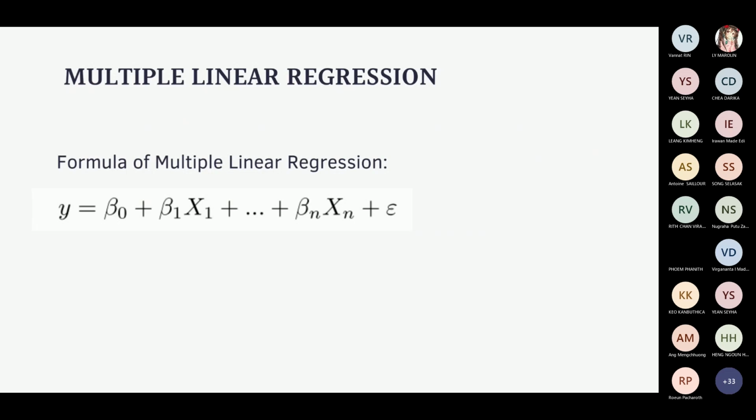The formula is y equals b0 plus b1x1 plus ... plus bnxn plus epsilon, where y is the dependent variable, b0 is the y-intercept, x is the independent variable, bn is the slope coefficient for each variable, and epsilon is the model error, because we can never get the exact value of y, so there is some small error, so we add epsilon at the end.